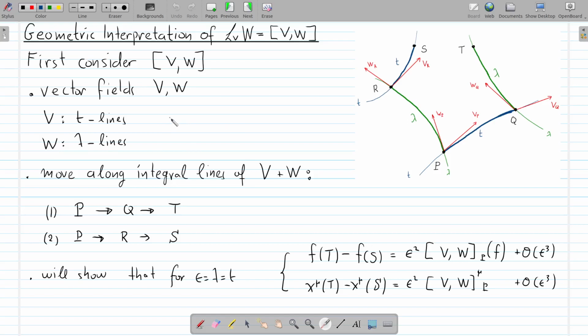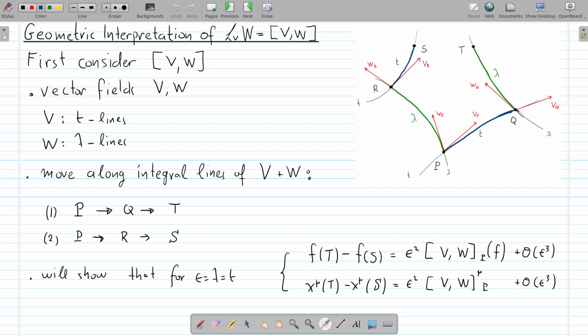So let's do the following two walks starting from the point P. First, we move to the right. We move from the point P to the point Q. The point Q is the dragging of P along phi of t by parameter t.